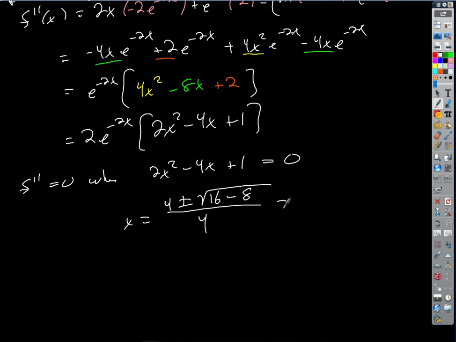So what in the world is that going to give us? 1 plus or minus square root of 8 over 4. So that's 2 radical 2 over 4, so square root of 2 over 2. Did I do that right? I think I did. I mean, it's just math. That's not hard stuff. So we're going to get 2 zeros.